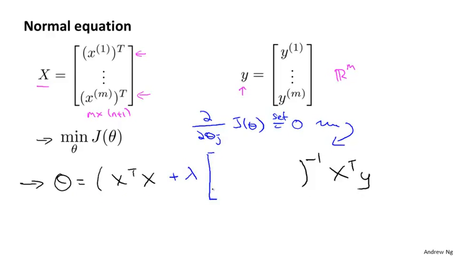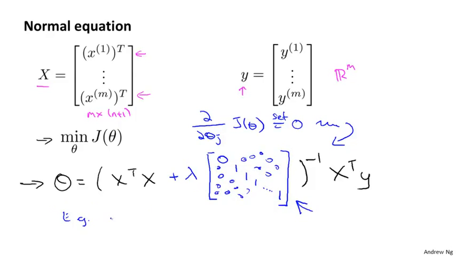Inside this parenthesis, you end up with a matrix like this: 0, 1, 1, 1, and so on, 1 until the bottom. This matrix has an upper leftmost entry of 0, there are 1s on the diagonal, and 0s everywhere else, because I'm drawing this a little sloppily.